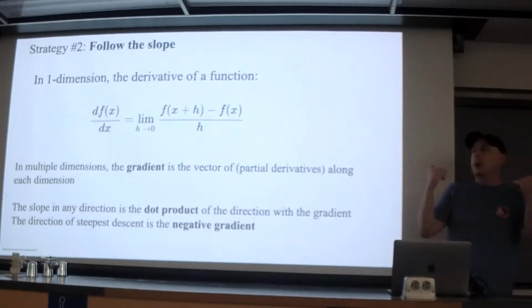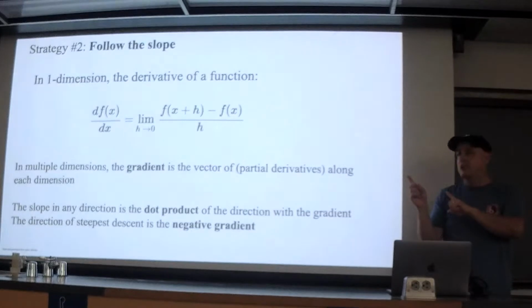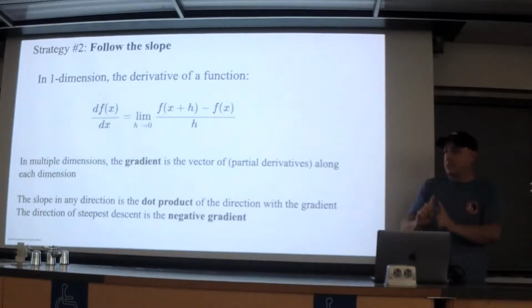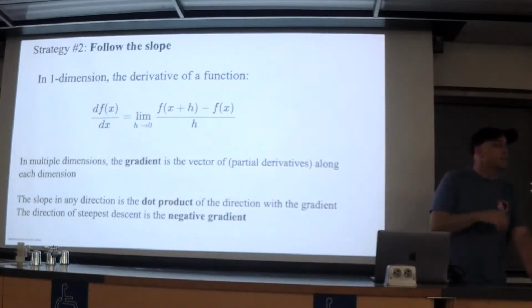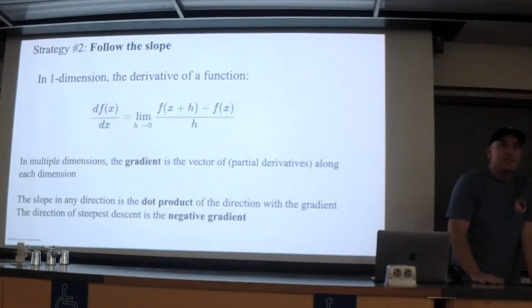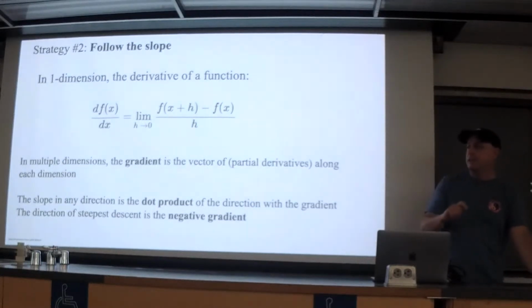Now, what we're trying to do is reduce the loss function. So the gradient is fantastic, except that it's pointing in the wrong direction. It's pointing in the direction of greatest increase. The good news is that the negative of the gradient is pointing in the direction of greatest decrease.